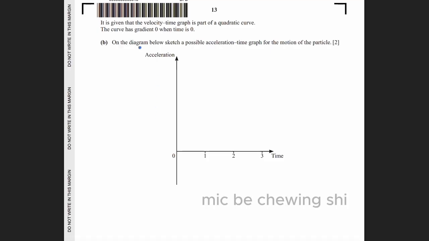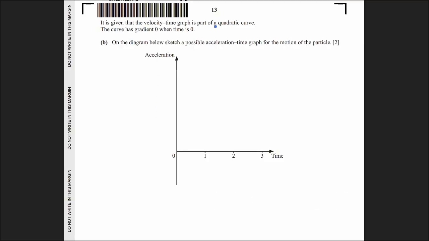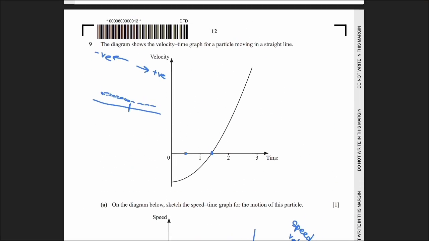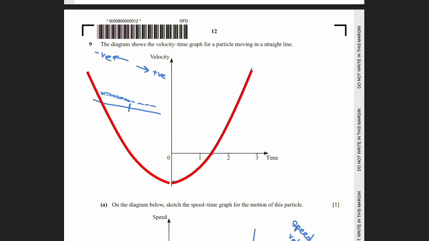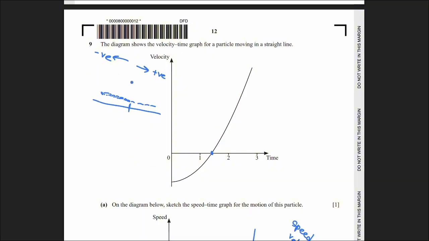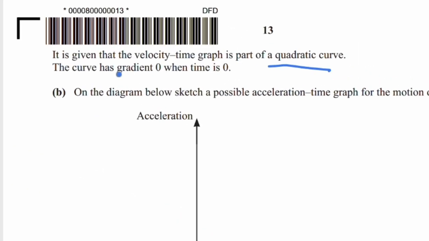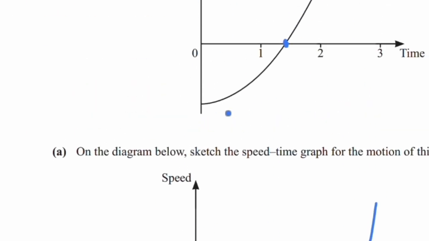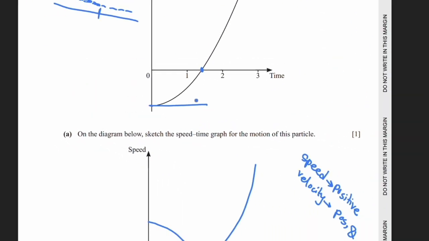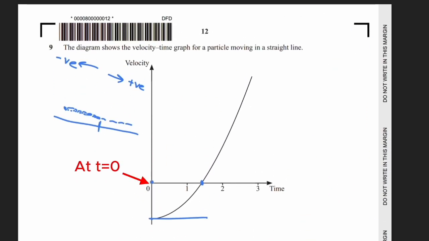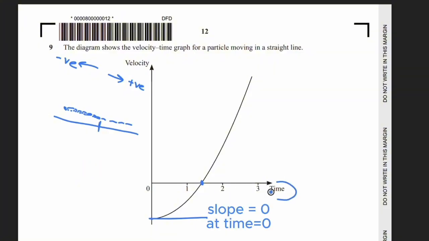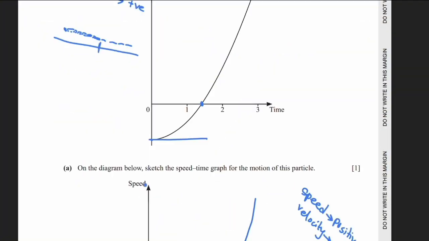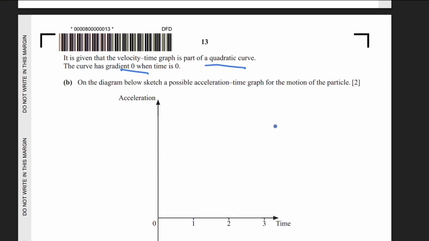Okay, next question. It is given that the velocity time graph is a part of a quadratic curve. Oh yeah, it really looks like a part of a quadratic curve, right? The gradient is 0 when t is equal to 0. Now, what do we know about the gradient of a velocity time graph?